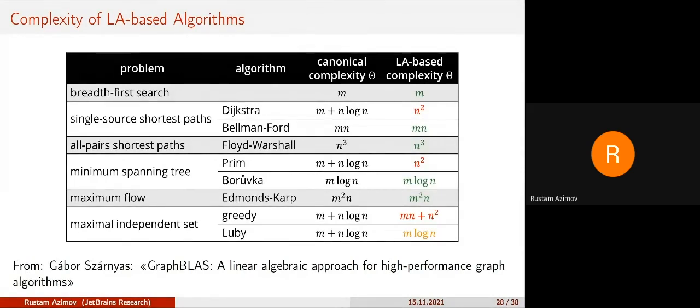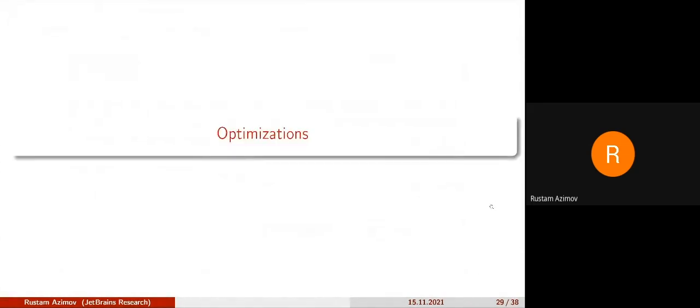Sometimes we can have the same complexity as the canonical complexity, but sometimes the best known linear algebra based algorithm has worse complexity than the canonical one. But in some cases, for example here, we have some trade-offs in complexity. But now let's talk about optimizations.